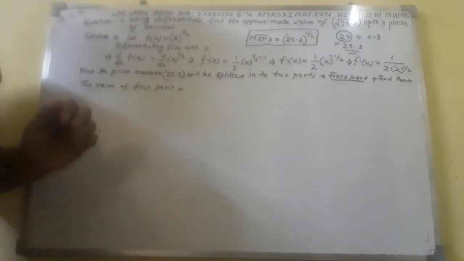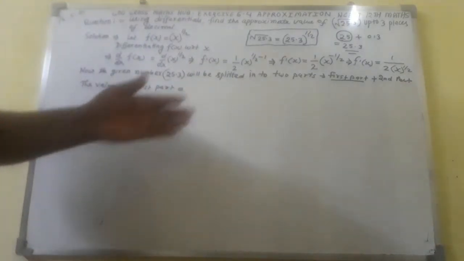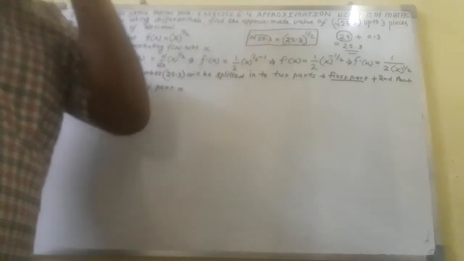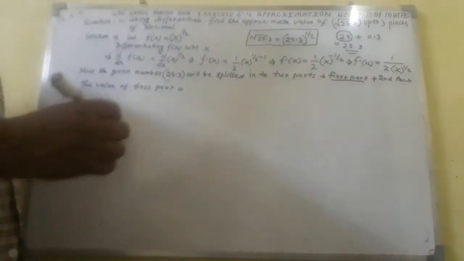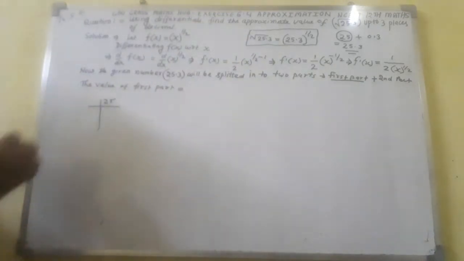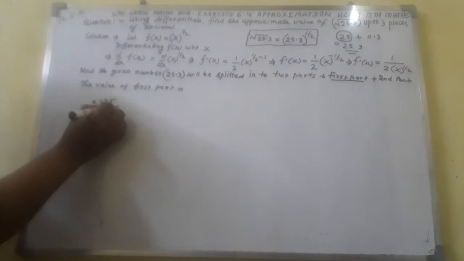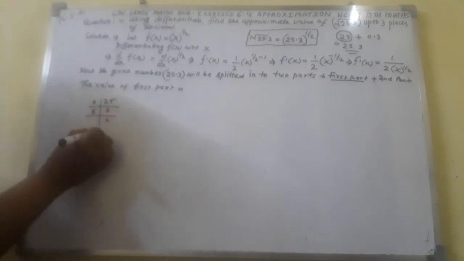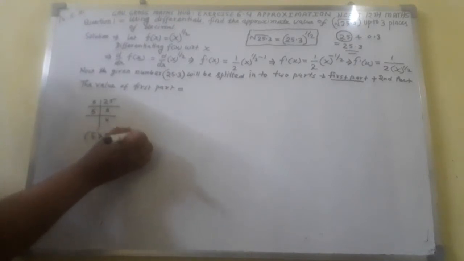But here 25 will be taken only when you get the prime factors of 25. So when you get the prime factors of 25, you will get here 5 into 5, comes out to be 5 whole square.